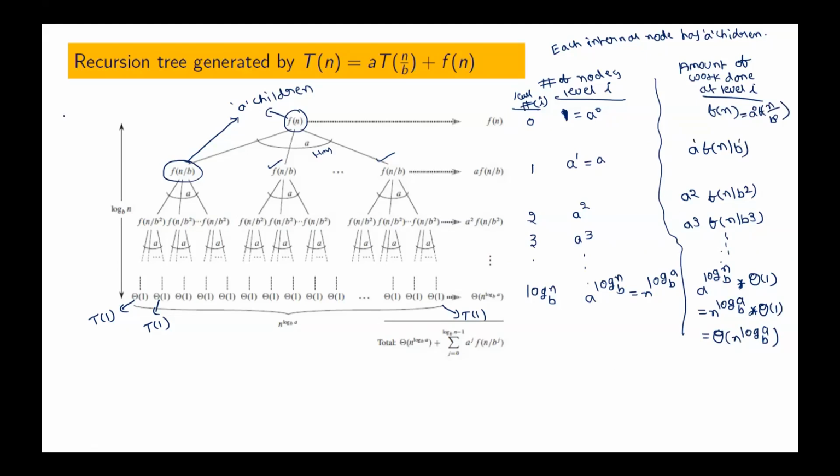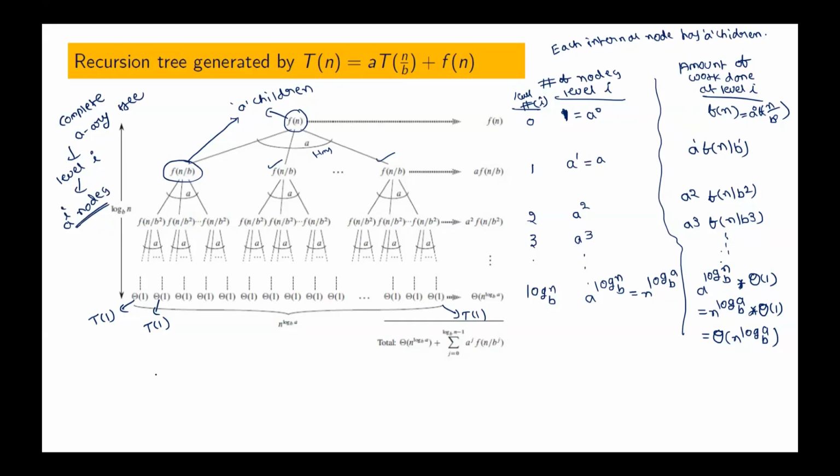So it is a complete a-ary tree. At level i, there will be a power i nodes. Now tell me, what is the total amount of work done in this entire recursion tree?